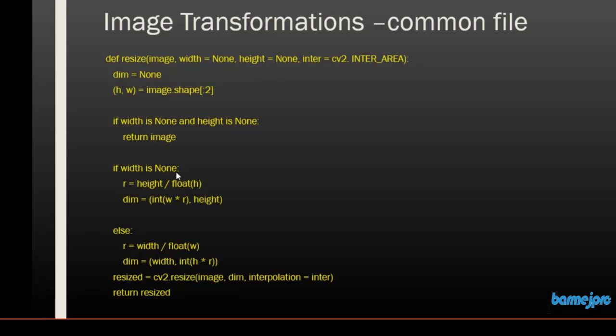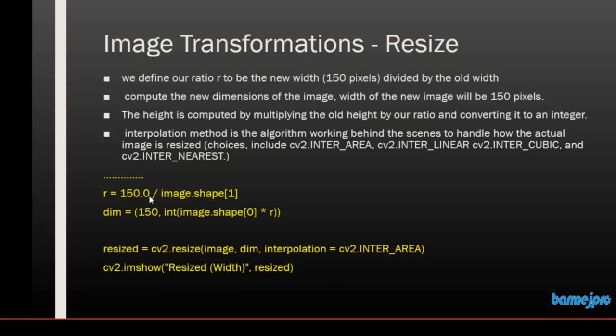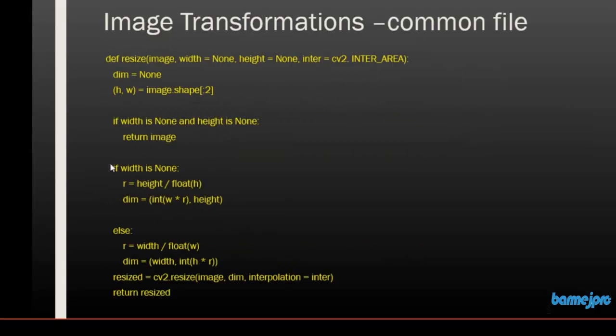If width is None, that is, there is some value for height, so the height is not None, then r is calculated with the exact same formula: the new height divided by the old height. Then we calculate the dimensions with the same formula. Here it was width, so we multiplied the value we got with the height of the image. Width is None means there is some value for height.